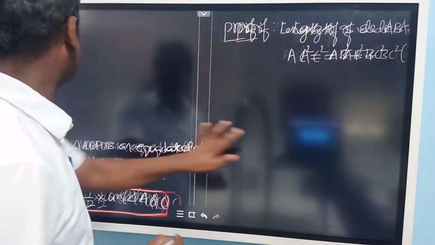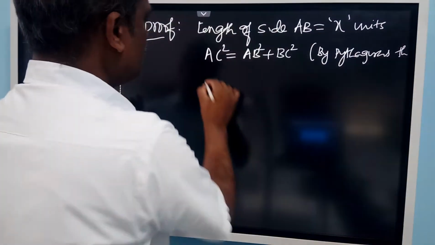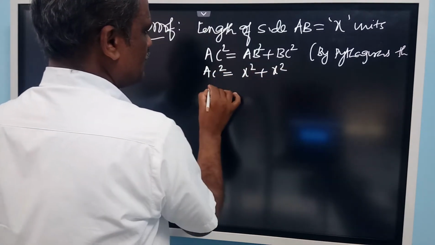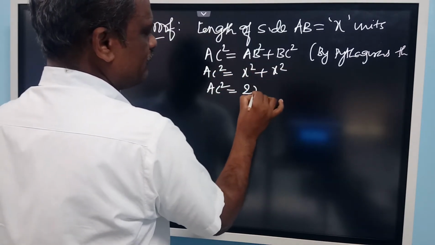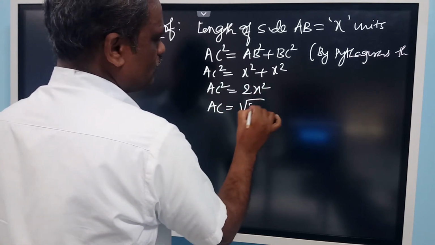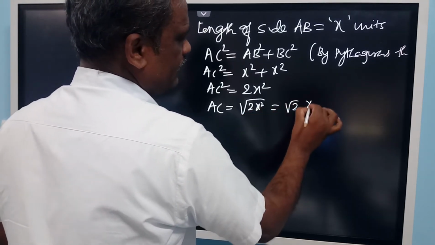So this is by Pythagoras theorem. AB square plus BC square is equal to AC square. So now AC square will be equal to x square plus x square. So AC square is equal to 2 times x square. AC will be equal to, taking the root of this, root 2 x square, x will come outside, so root 2 into x.